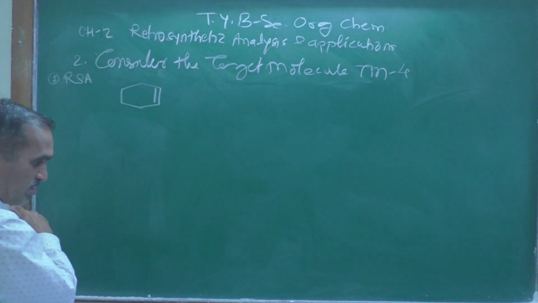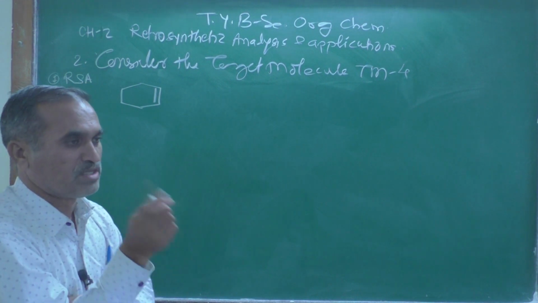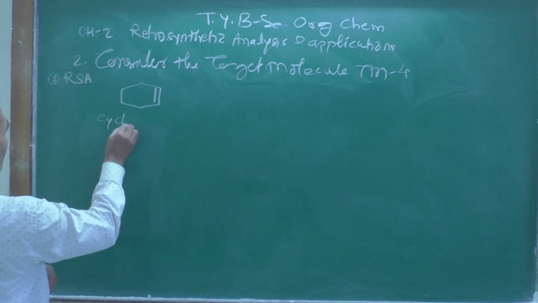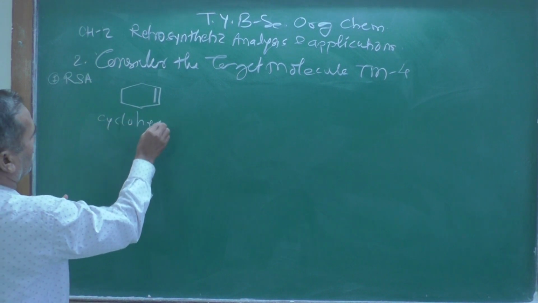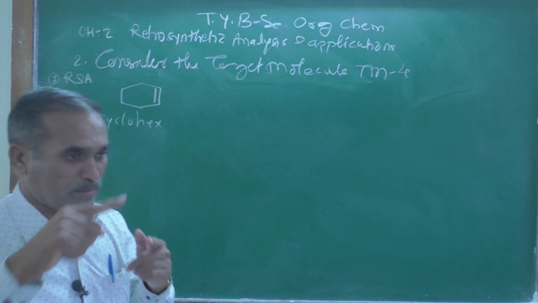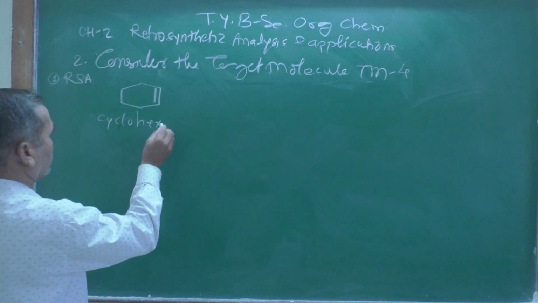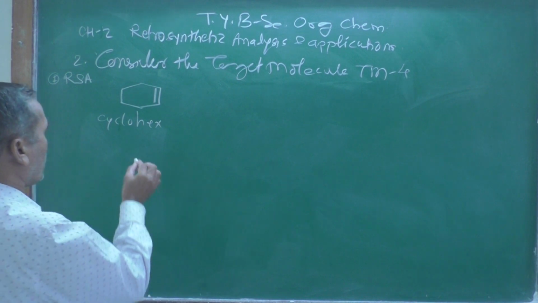The name of this target molecule is cyclohexene. Cyclo means a cycle is there. Cyclohexene indicates 6 carbons involved in the ring. So it is cyclo, and the ENE indicates there is a carbon-carbon double bond.